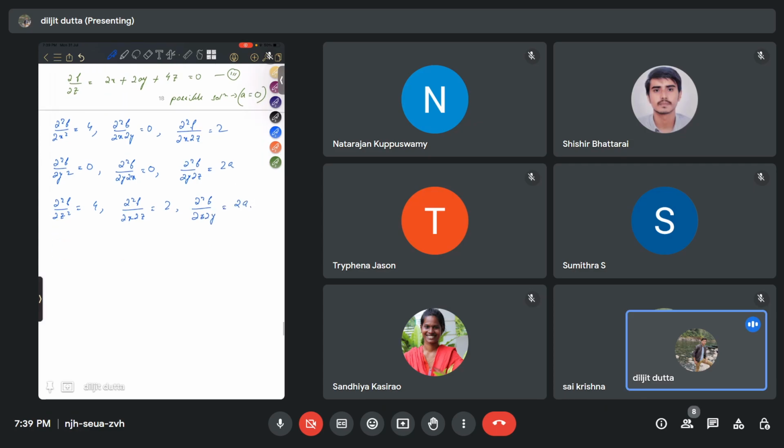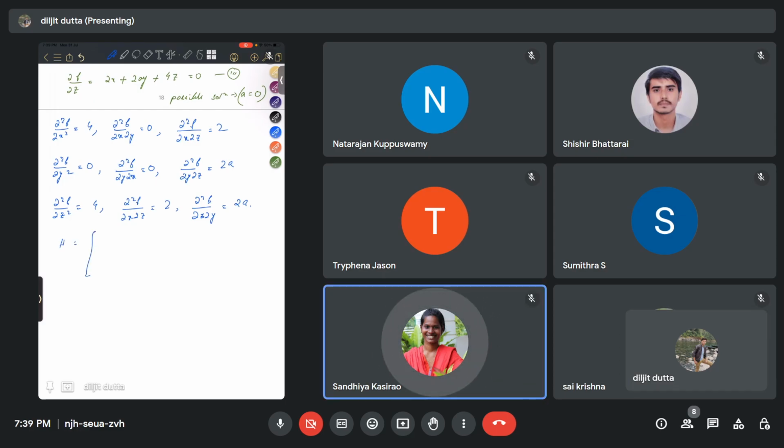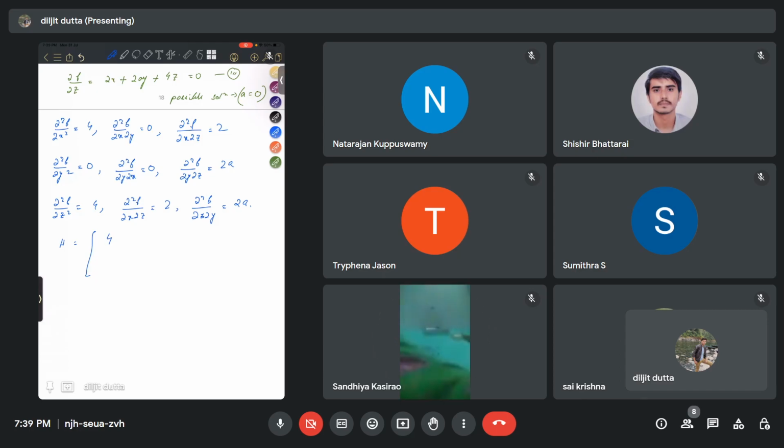So let's have the Hessian matrix. The Hessian matrix is this: 4 0 2, 0 0 2a, 2 2a, and finally 4.